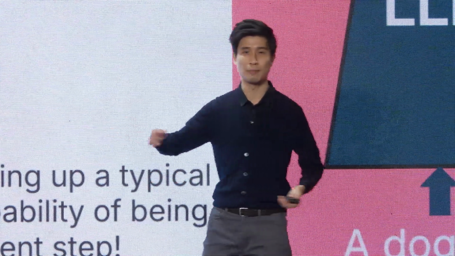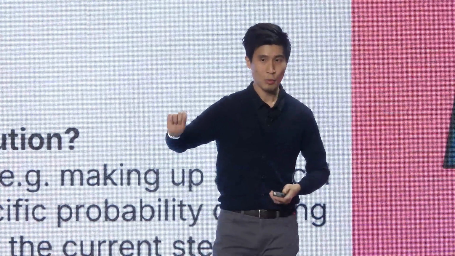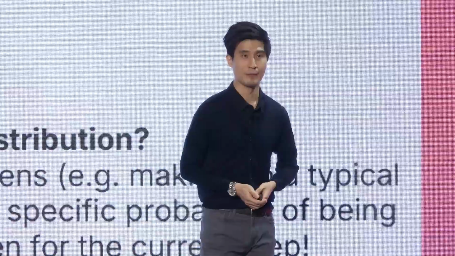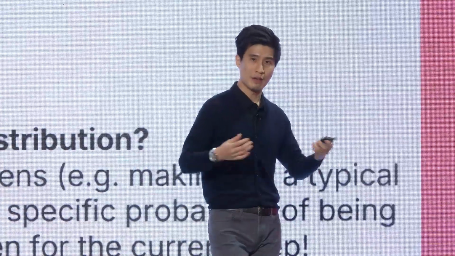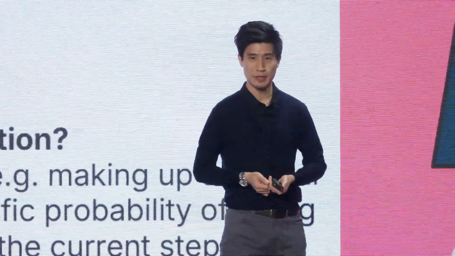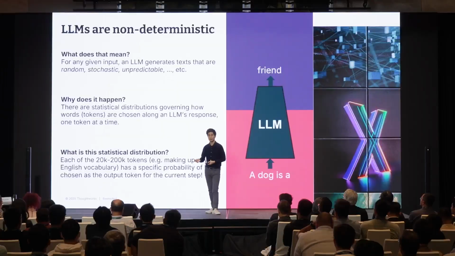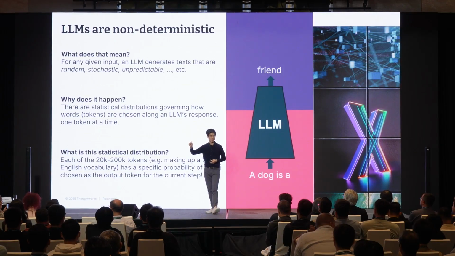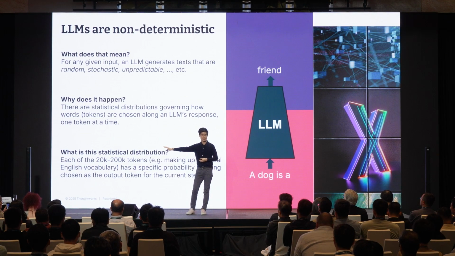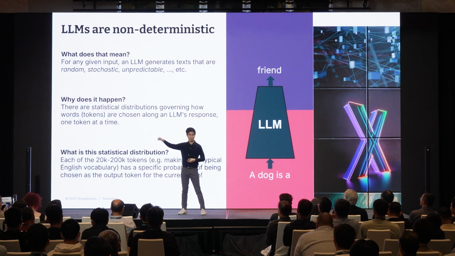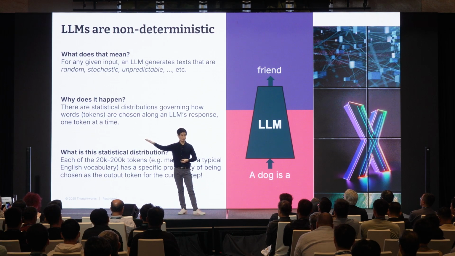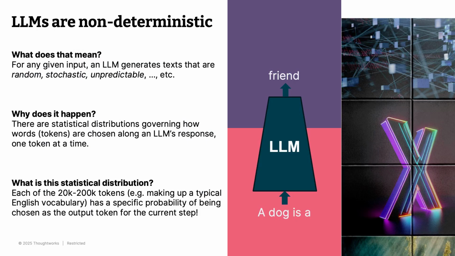It's just a lot of possible combinations of words, tokens, one after another. And why does this really happen? There are a lot of statistical distributions that govern how these tokens are sampled and chosen for the next step, occurring recursively until we reach the end of the text.